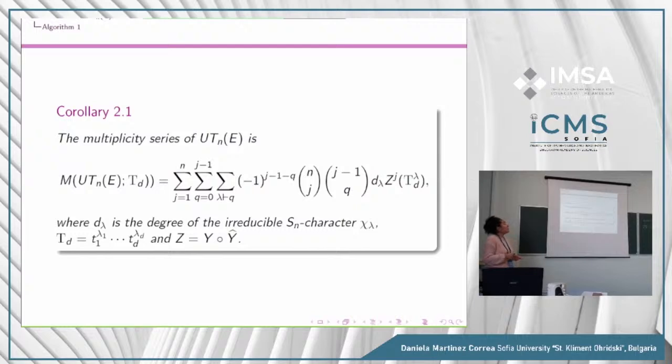Okay? Then using this corollary, again the Young rule, we found a description of the multiplicities n lambda for this algebra. Okay?